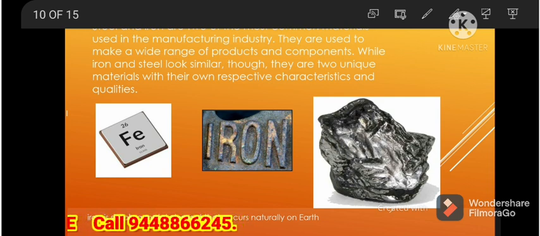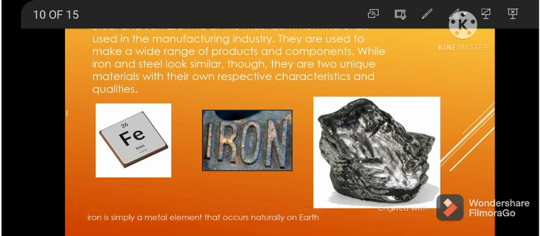Now steel and iron are two of the most common materials used in the manufacturing industries. They are used to make a wide range of products and components. While iron and steel look similar, they are two unique materials with their own respective characteristics and qualities.